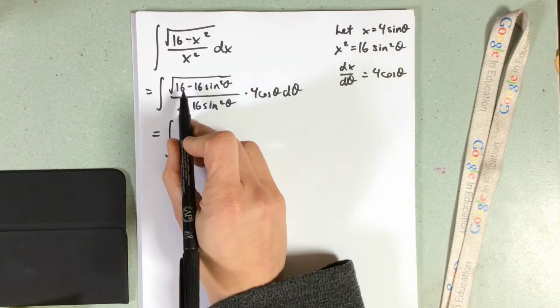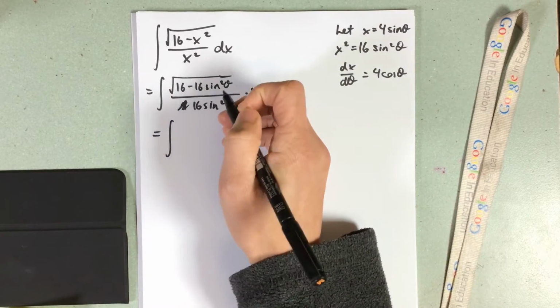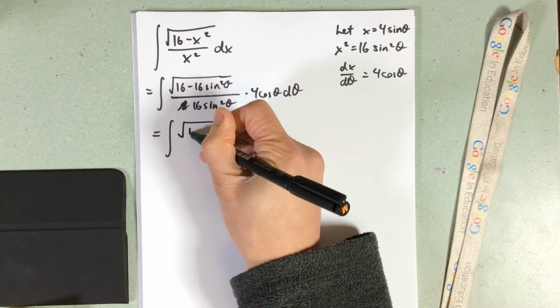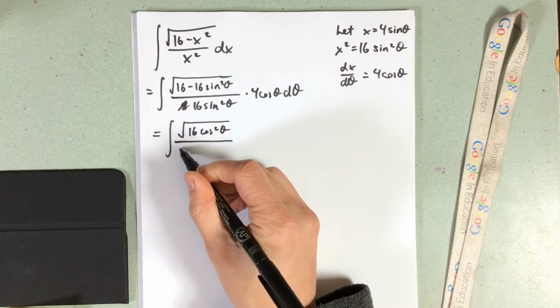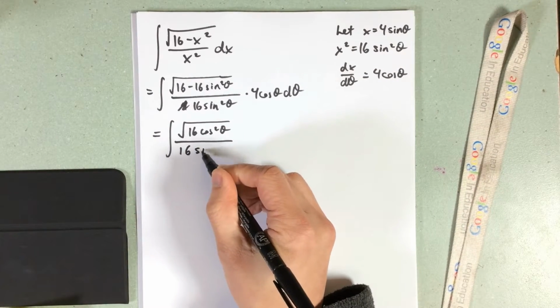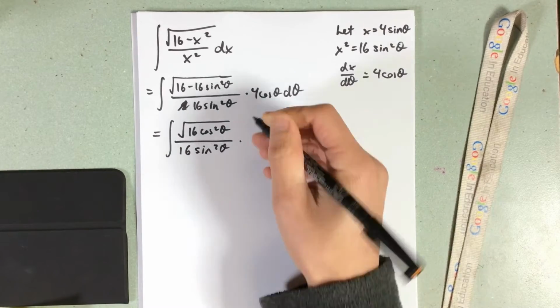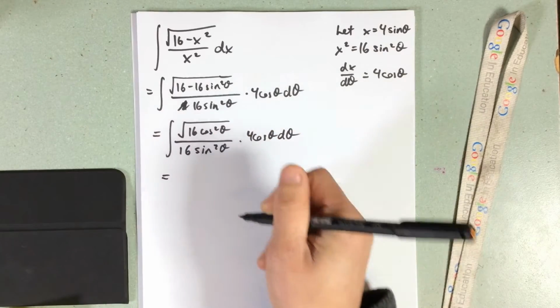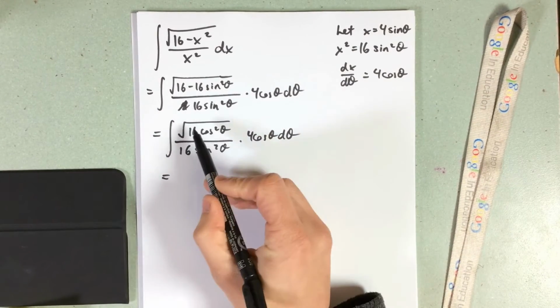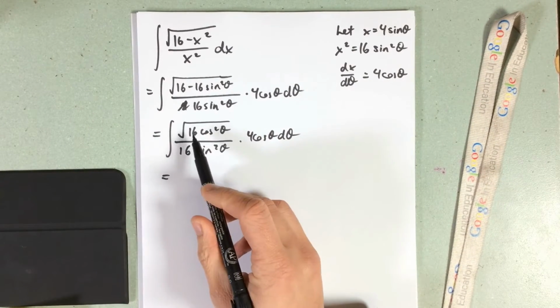For starters, what's underneath this square root sign here is a 16 cos squared theta using the Pythagorean identity. Then you've got a 16 sine squared theta still there times 4 cos theta. Alright, so you can see a few things here. That 16 under the square root is going to become a 4.